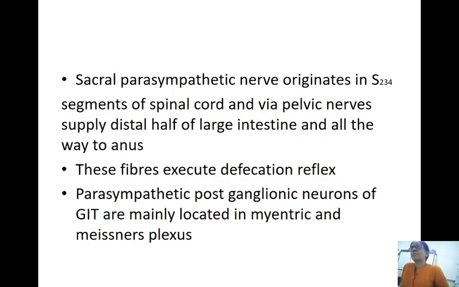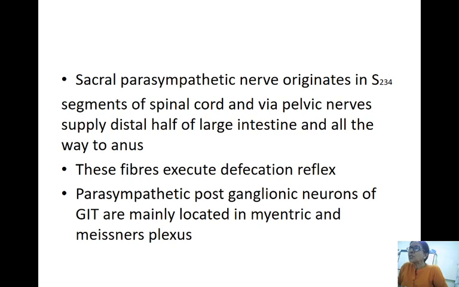Sacral parasympathetic nerves originate in S2, 3, 4 segments of the spinal cord and via the pelvic nerves supply the distal half of the large intestine and all the way to the anus. These fibers execute the defecation reflex.